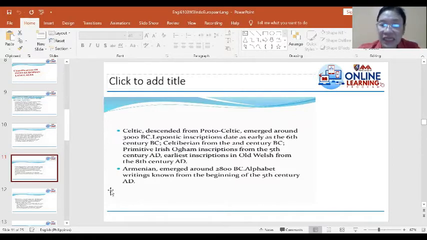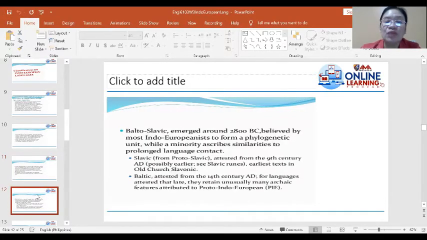2800 BC, and alphabet writings are known from the beginning of the 5th century AD. Okay, so we have the Celtic, the Armenian, and the Balto-Slavic.